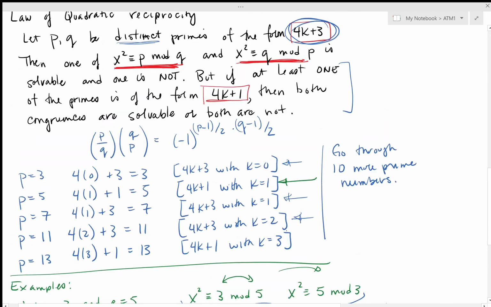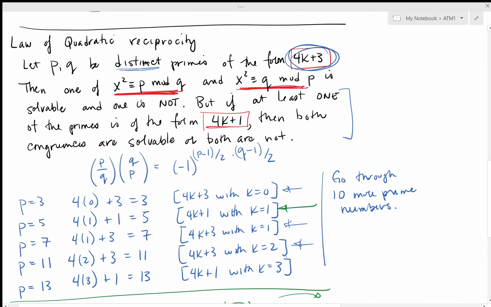Okay, so let's just wind back to the law of quadratic reciprocity. Let P and Q be distinct primes of the form 4k plus 3. So we're in the first statement of this law. They're both of type 4k plus 3. Then one of them is solvable and the other one is not.